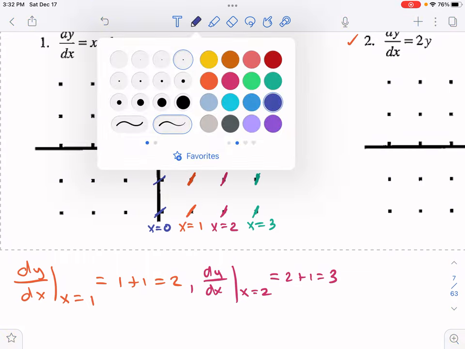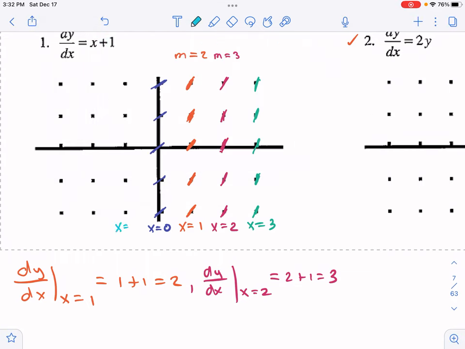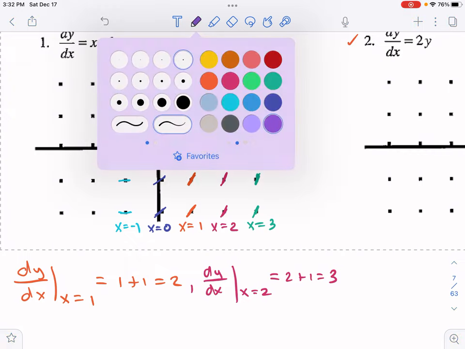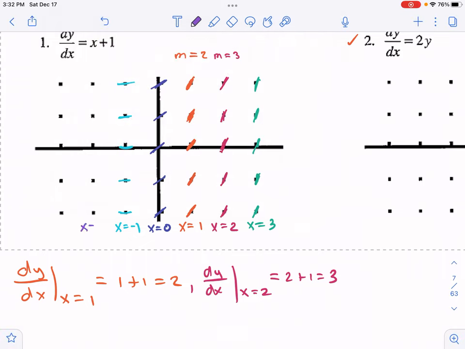How about at x equals -1? Notice there the slope is 0, right? The slope is 0, so everywhere I'm drawing horizontal tangents. Okay, how about at x equals -2? If you plug that in for x, you get -2 plus 1, which is -1.